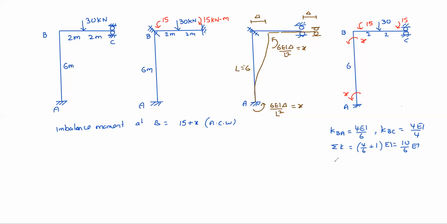That means distribution factor of BA equal to 4 by 6 by 10 by 6, that means into 6 by 10, that equals 0.4. Obviously, BC distribution factor is 0.6 because 1 minus 0.4. Now we'll distribute that.